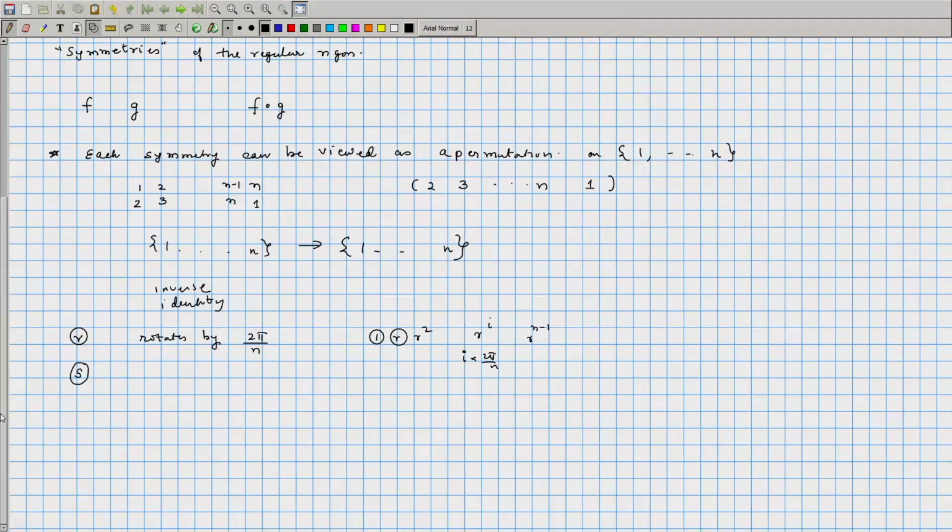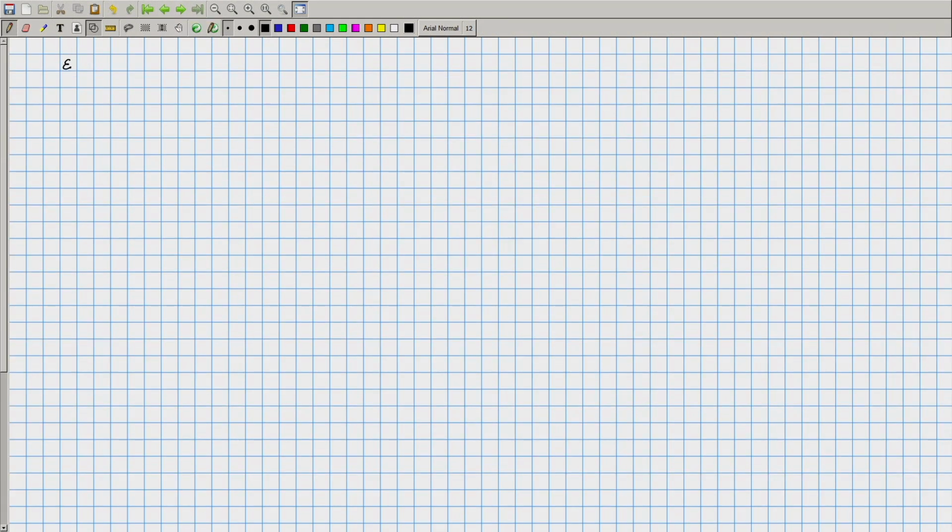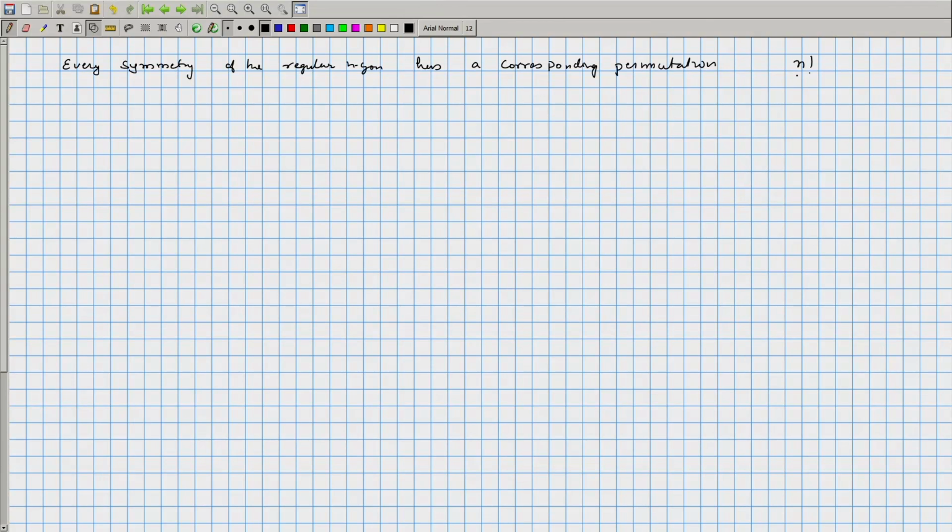Since we agreed that every symmetry can be described by a permutation, every symmetry of the regular n-gon has a corresponding permutation, and because of this we know that the total number of symmetries is going to be at most n factorial. Okay, it is going to be much less than that in our case.